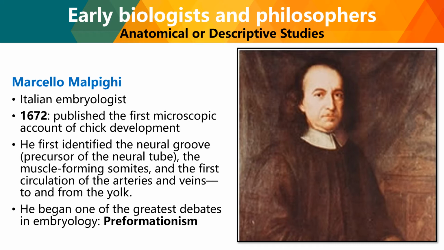Okay? So this is also the muscle-forming somites and the first circulation of the arteries and veins to and from the yolk. So that's his extensive study of the chick development, pertaining more to the nervous system side of this development. Okay?